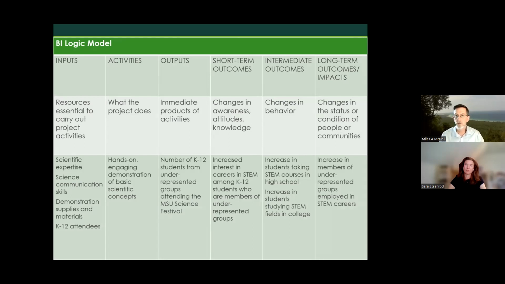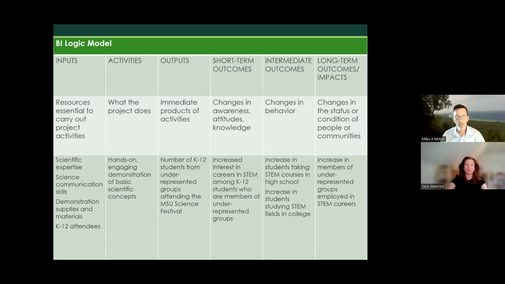So you have your scientific expertise, your science communication skills, the materials and supplies you need for your demonstration or your hands-on activity. You need your K-12 attendees. And maybe you're going to have some students help you with this. Maybe your graduate students are going to be helping run the activity.